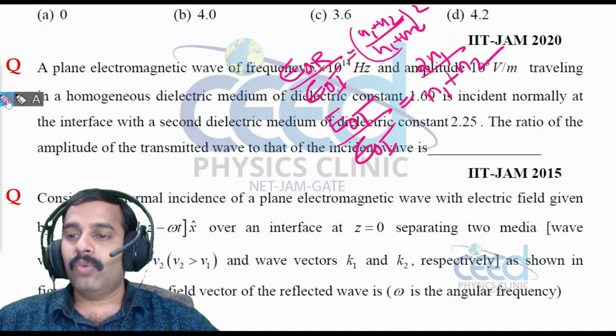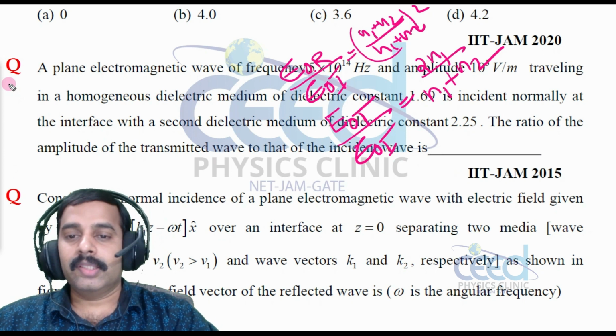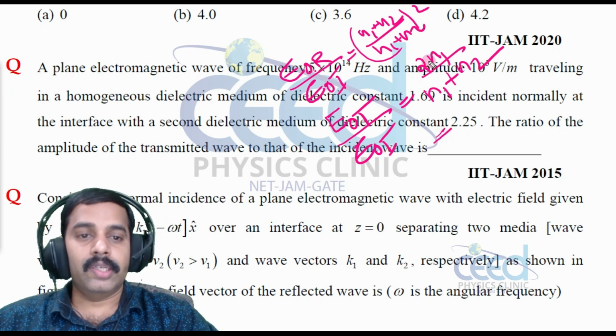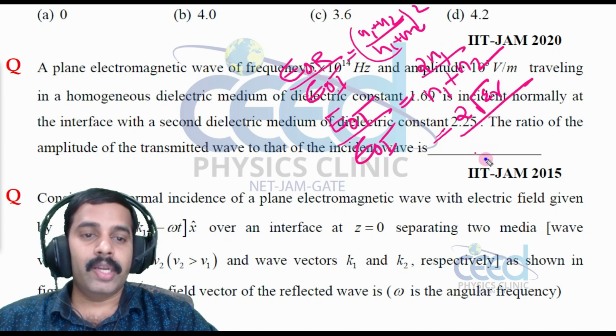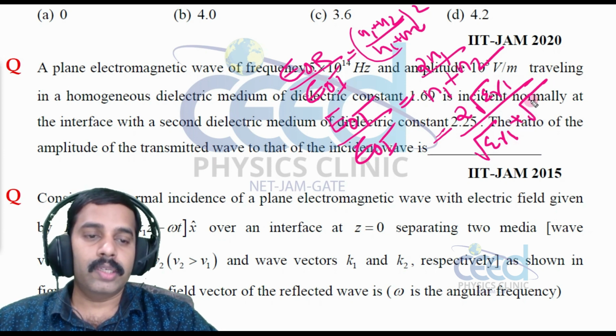So we have already studied that N1 is equal to root epsilon R, right? So this is the first medium, and here root epsilon R2 for the second medium.